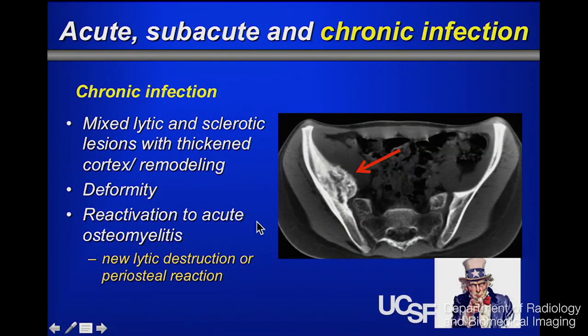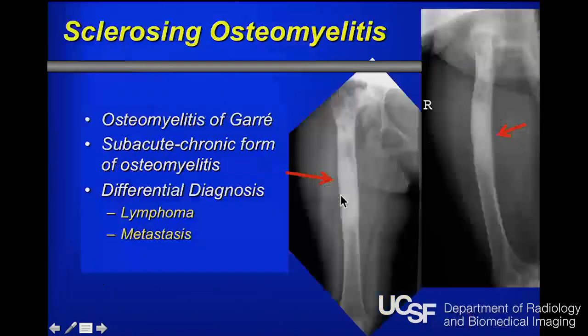Chronic infection shows extensive sclerosis and sometimes lytic areas in between, such as shown here, where you have really extensive cortical periosteal bone formation. You have deformity. You have sometimes a reactivation to acute inflammatory disorders, and sometimes chronic infection leads to malignant degeneration, where you have squamous cell tumors arising in these areas.